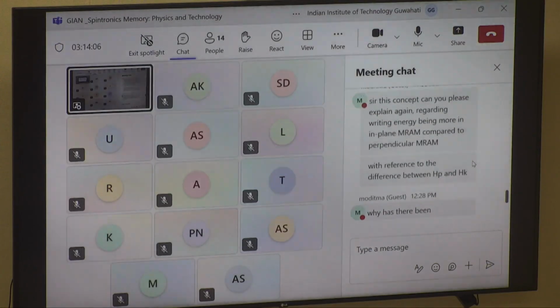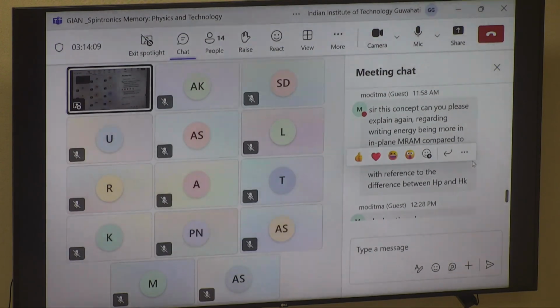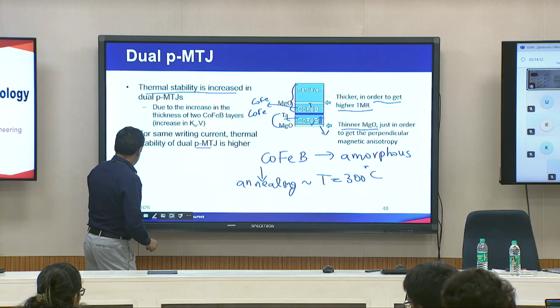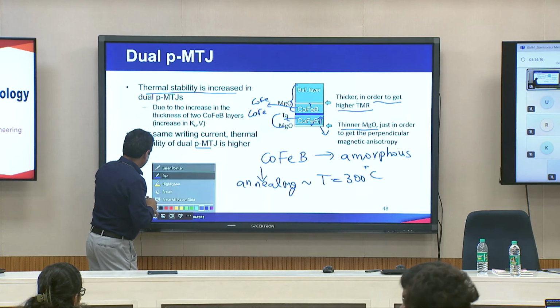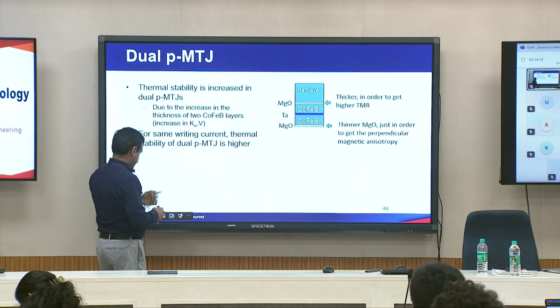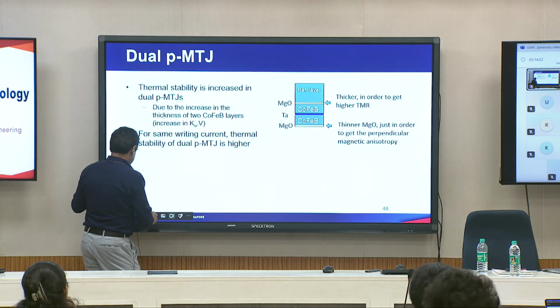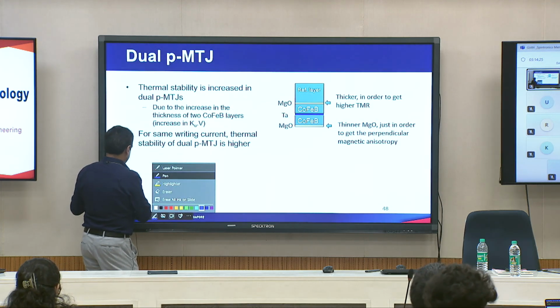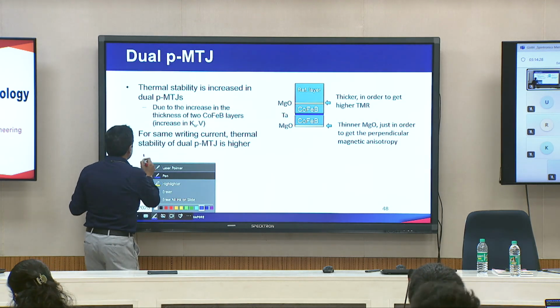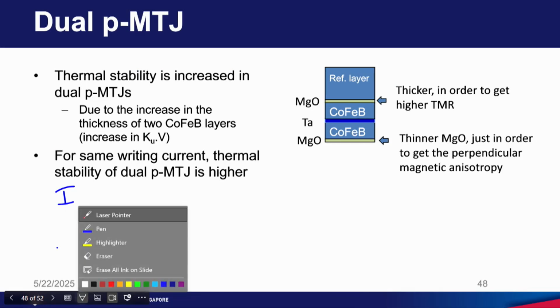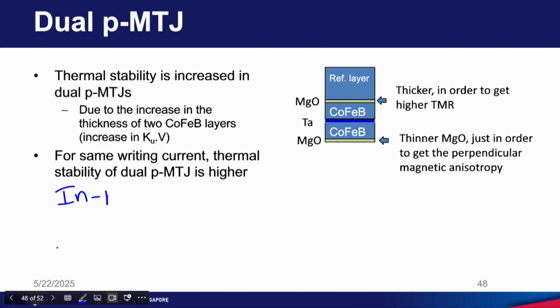To re-explain the difference between HP and HK. When we are talking about in-plane MRAM materials, their anisotropy field is very low.